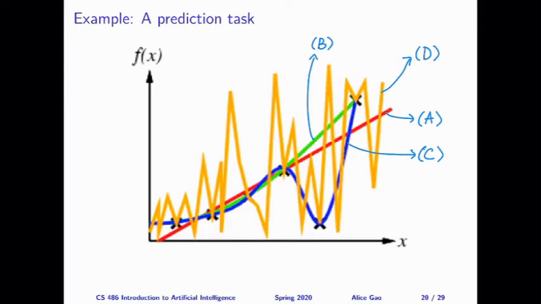For example, if we assume that some of the data are outliers, so one prominent possible outlier is this bottom one, right? This is very likely an outlier. If we think this is an outlier, or if generally we think the data is noisy, then perhaps the simpler curves are better choices. The curves of A and B, they're better choices because they don't vary a lot. They don't pay attention to these outliers very much.